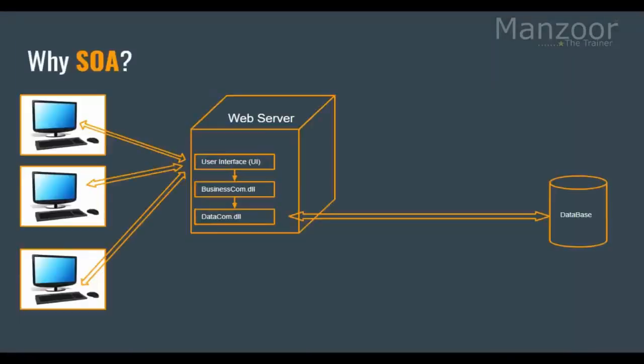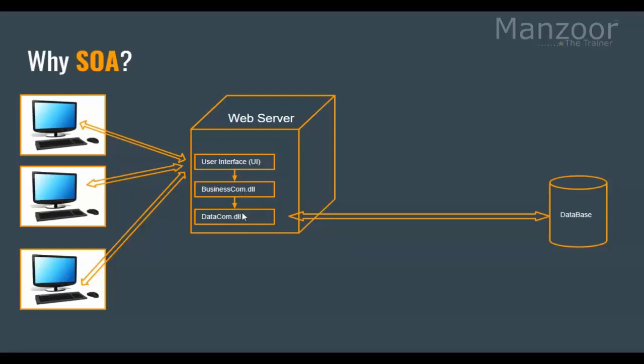This theory part you will understand after this slide. We will just understand why we need SOA, service oriented architecture. Then we will go for what is SOA. So that previous slide you will understand after going through this slide. So this is what we have already done. We have our database, we have our web server, and we have our three layers: user interface, business object layer, data access layer.